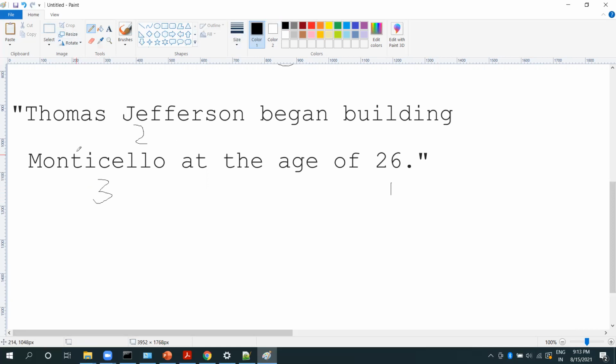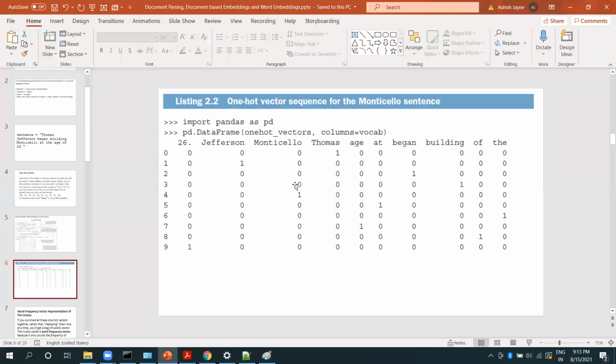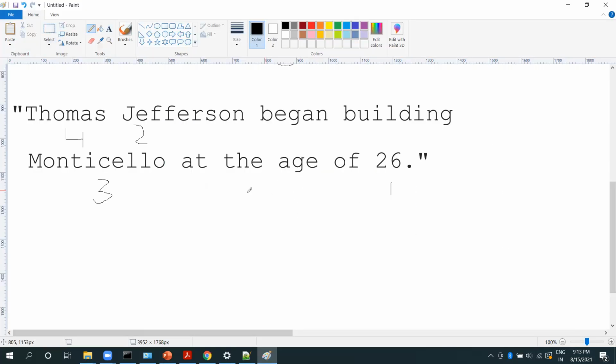This is 3, this is 4, and then the small letters, which is pretty straightforward. Age should come next. Age, yeah, right. So and so forth. Okay, and 6, so and so forth.